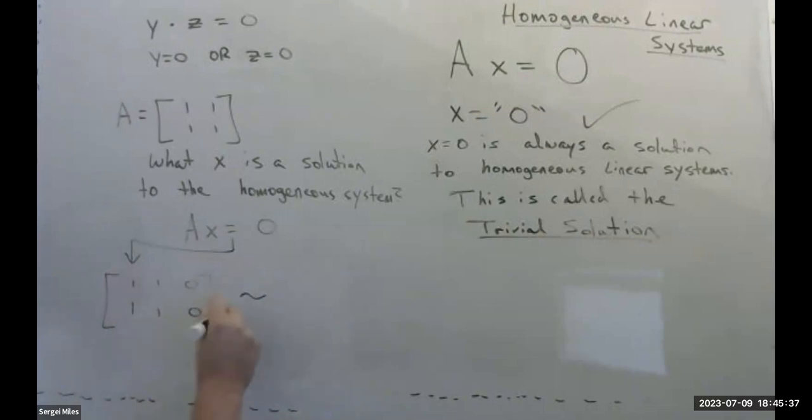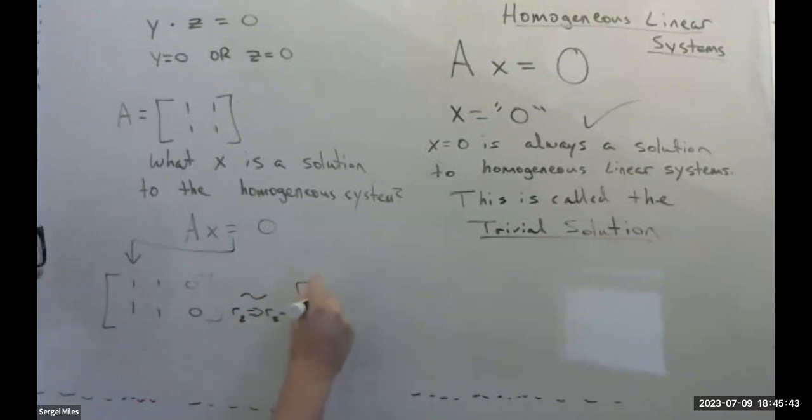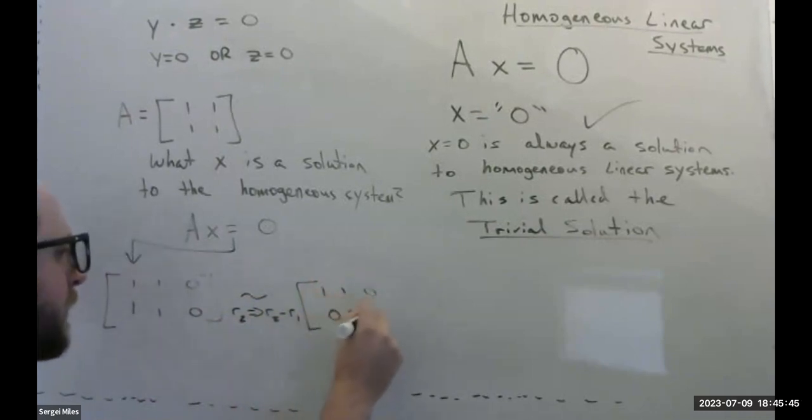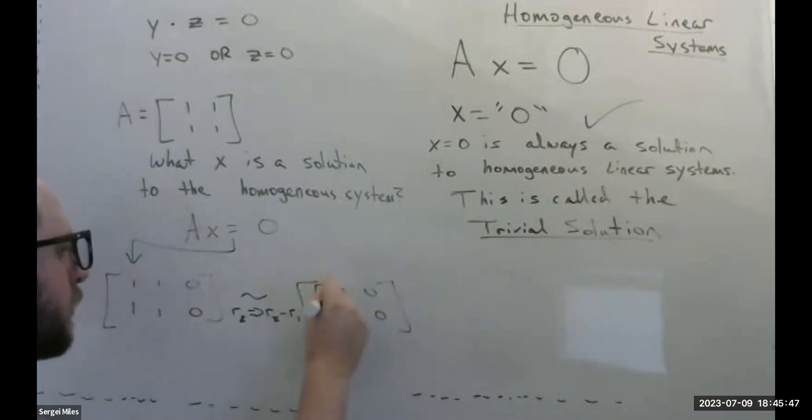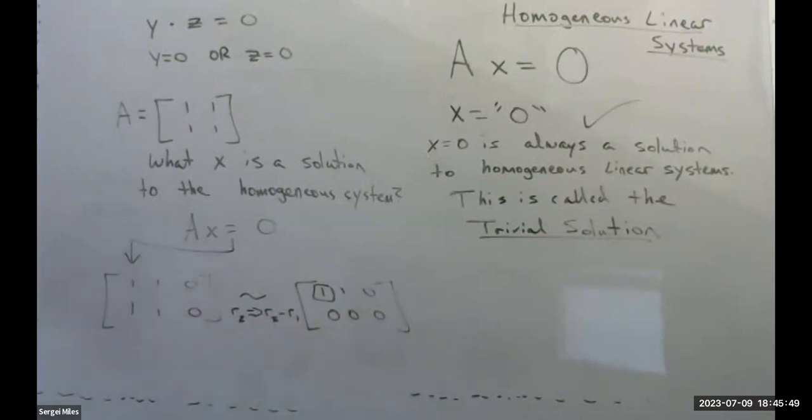I could reduce this by just taking row 2 and subtracting row 1 from it. And now we get this, where something interesting has happened. We have a row of all zeros, which is fine. That doesn't mean anything bad is happening. But there's no pivot for the second column.